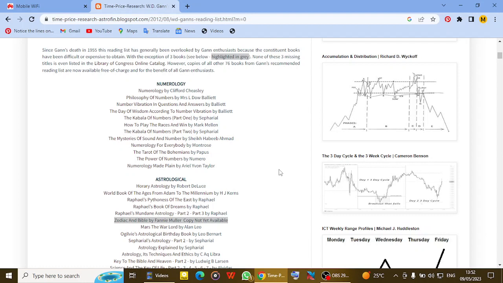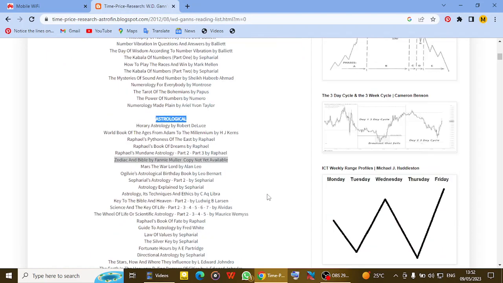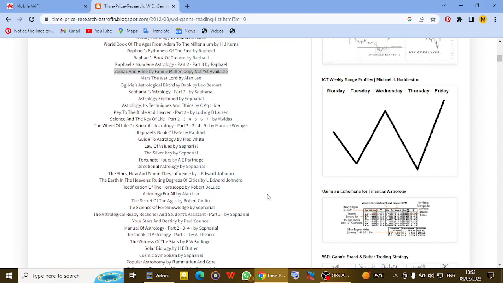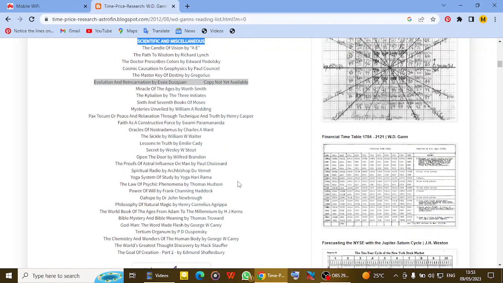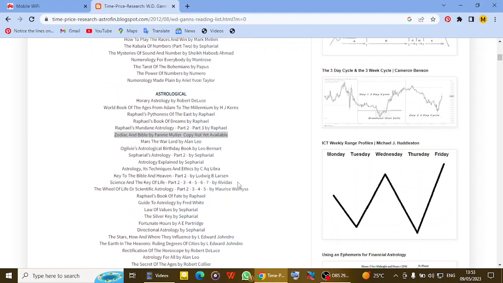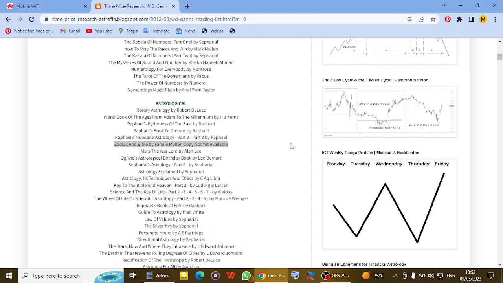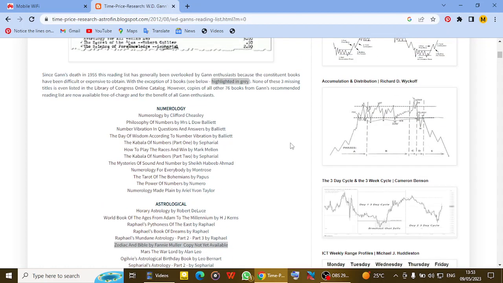They were categorized into 3 segments: neurology, as you can see here, and astrology, which was the biggest segment recommended. The second biggest recommended segment was the scientific and miscellaneous books. The smallest recommended category was neurology.